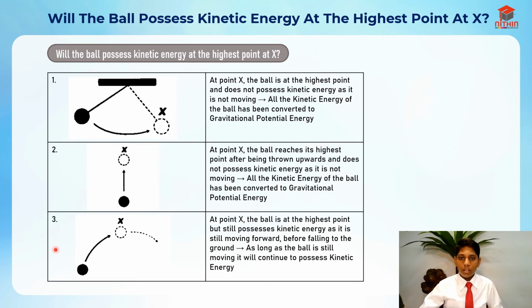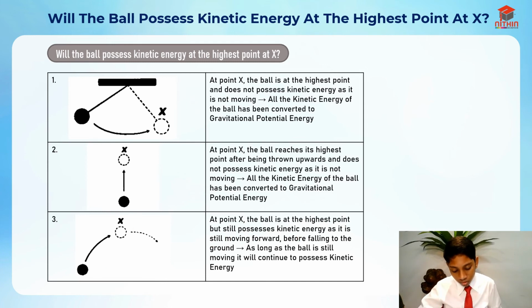And for the third one, this is a little bit tricky. For the first and second one, all the kinetic energy is converted to gravitational potential energy, right? So you might think that all the kinetic energy is converted to gravitational potential energy at this point, but that is wrong. The ball is at its highest point, but it still possesses kinetic energy as it is still moving forward.